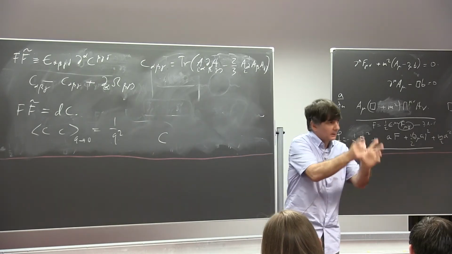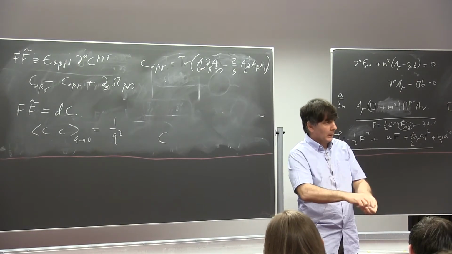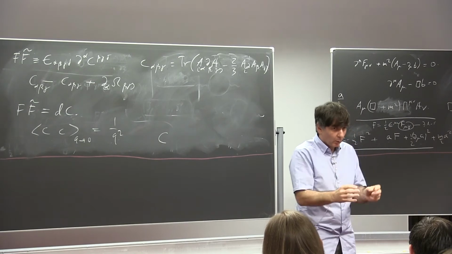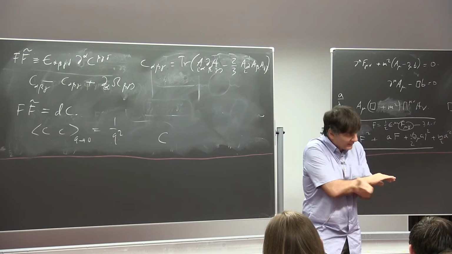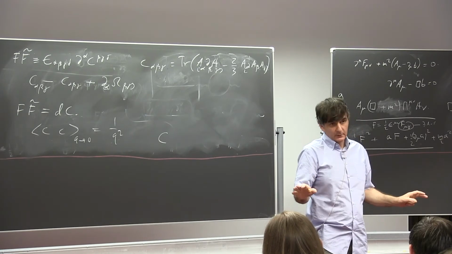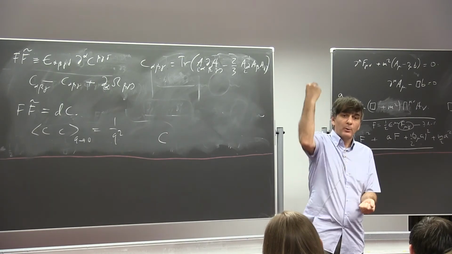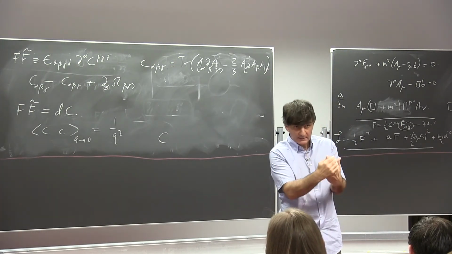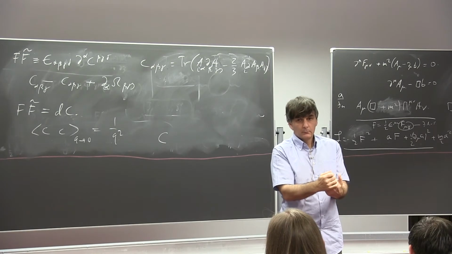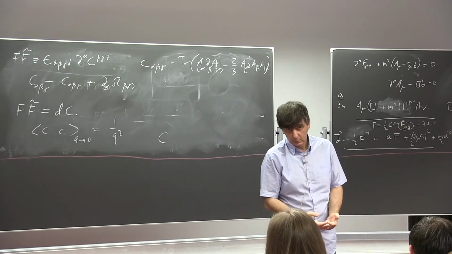The moment the correlator has a pole at q squared equals 0, the moment you are in a theory with a mass gap, you know that this C at low energies will behave practically as if it's elementary. Okay? It doesn't matter that it was composite at some high energies. Okay? Because of two reasons. Because the theory has a mass gap, okay? And there is a pole at q squared equals 0.